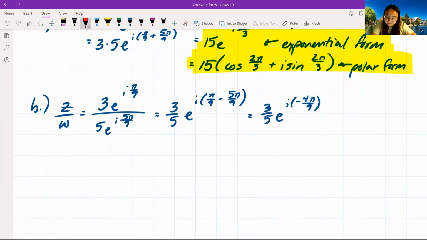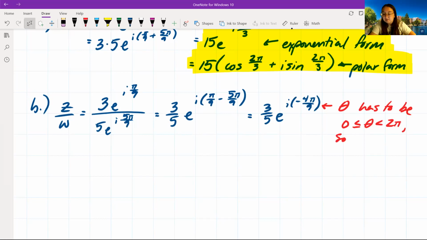But you see theta has to be between 0 and 2 pi. So we need to end up adding 2 pi to negative 4 pi over 9. And this is to get in range.